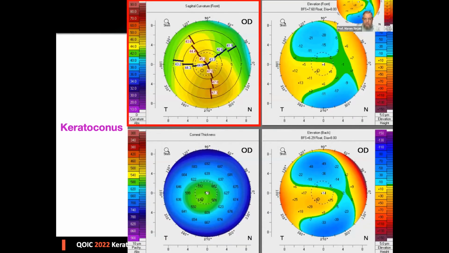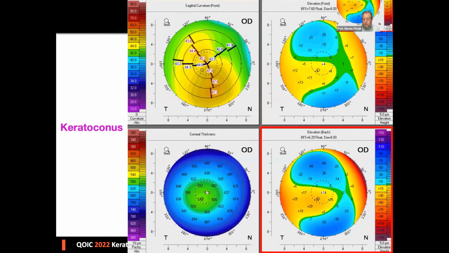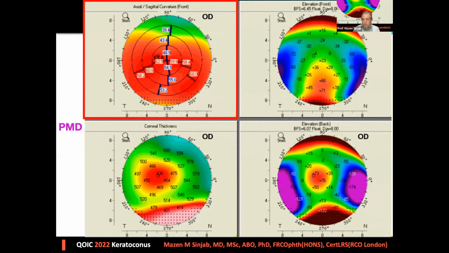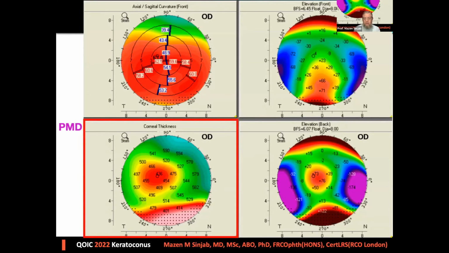Very quickly, we say there is keratoconus if the anterior curvature map is abnormal and posterior elevation map is abnormal, regardless of the thickness map, because sometimes we may find thin cornea but normal. We say it is pellucid marginal degeneration when there is crab claw and there is bell sign on the thickness map.